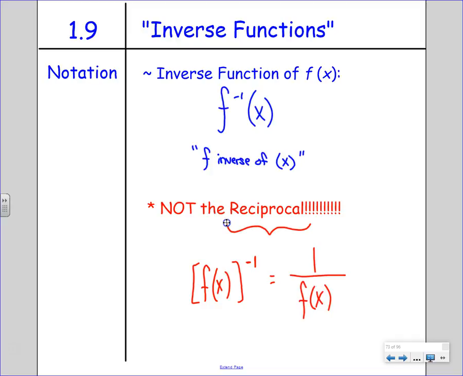But this is the only time I would take the reciprocal of a function, is if it's a negative 1 on the outside. What's the difference up here? It's on the inside. And since it is on the inside, it does not refer to a reciprocal. Instead, it refers to an inverse.